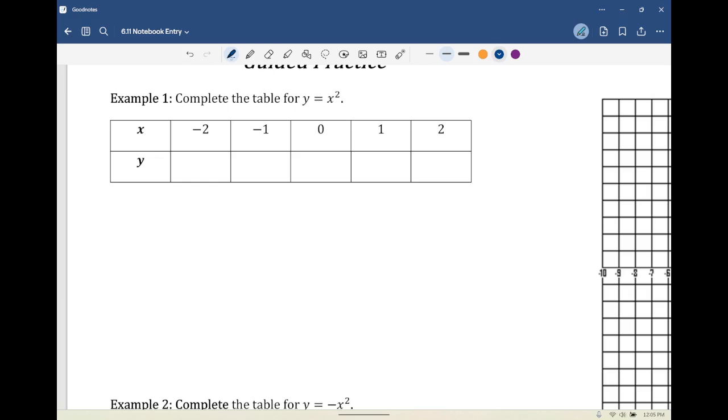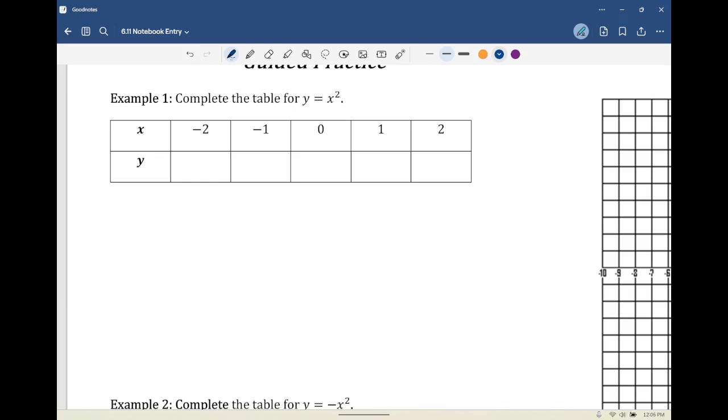This part's much faster. Okay, so for this, all we're going to do is finish the table. We have an equation, y equals x squared. We have a bunch of x values. What do I have to do to find y? I have an equation, and I have a bunch of x values.